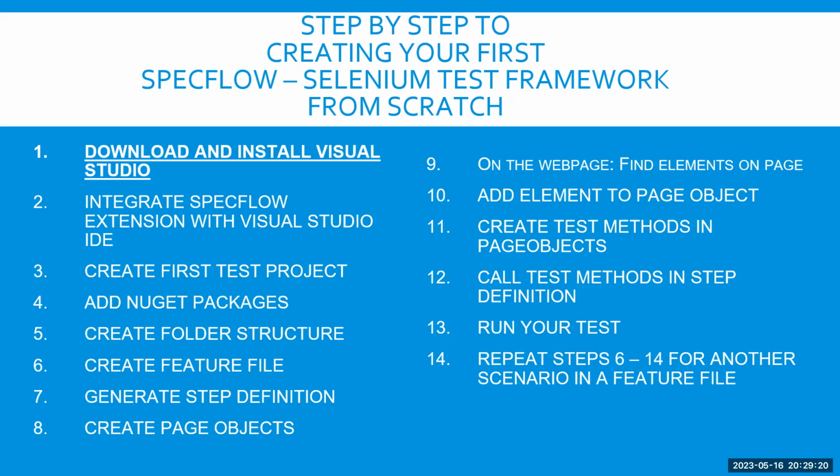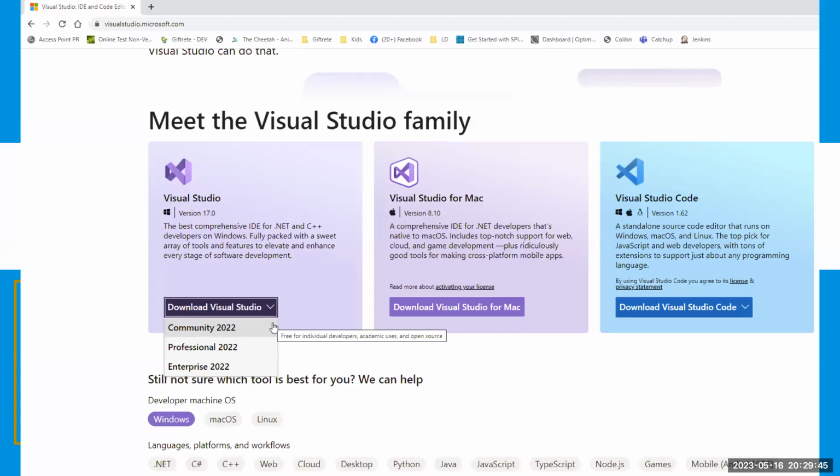Step 7 is just to generate your step definition. Step 8 is to create page object. We have step 9 on the web page to find our element. The 10 is to add element to page object. We have 11, create test method in page object, which we are going to do. We have step 12 to call test method in step definition. Then we need to run our test and repeat step 6 to 14 again.